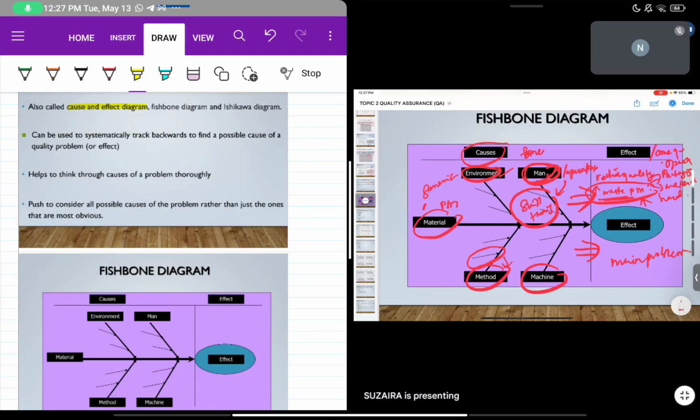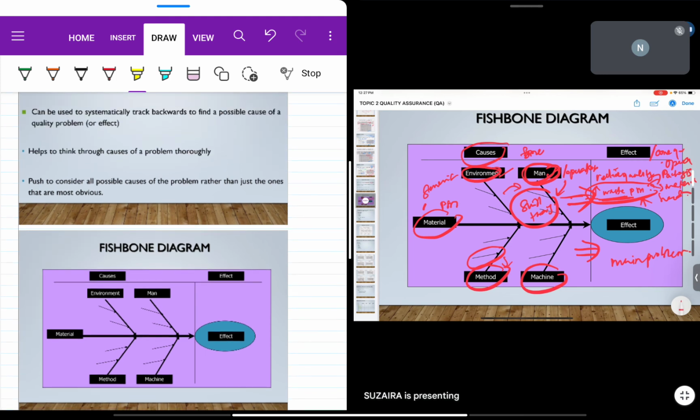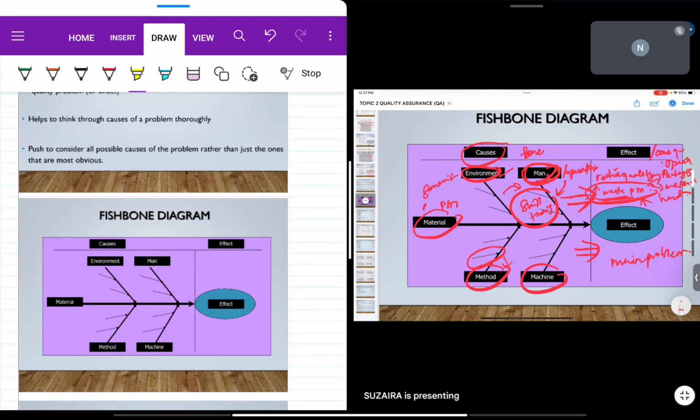So skill and training can be considered as other causes that contribute to incompetent handling towards the packaging machine. So that's why it will increase the waste. So the fishbone diagram is more towards tracking and digging deeper into what actually caused the problems.